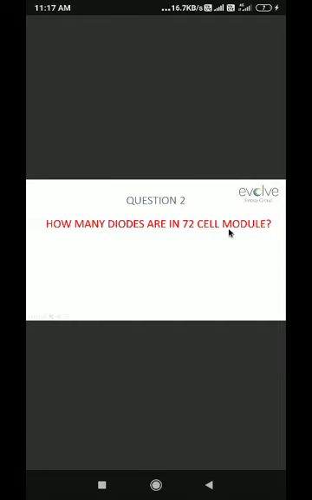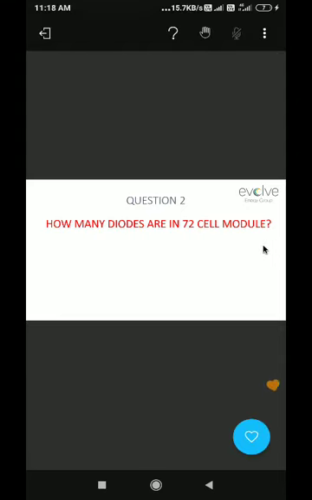Okay, another small question. Please make a note. How many diodes are in a 72 cell module? Six. How many diodes are in a 72 cell module?